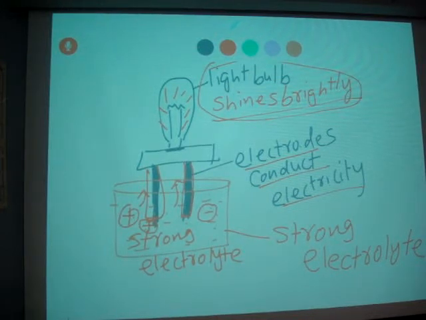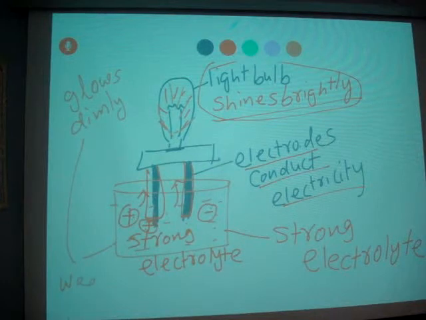Now let's say the light bulb glows dimly. Then we call this a weak electrolyte.